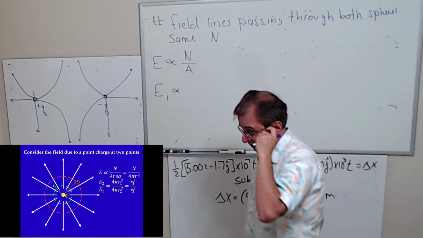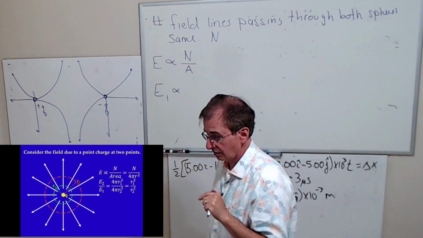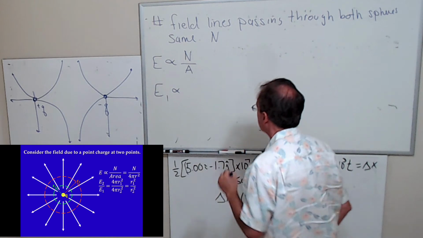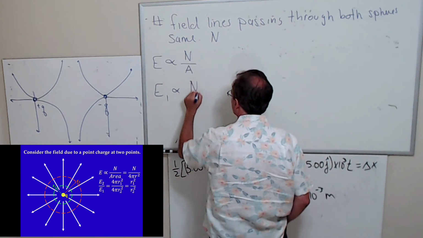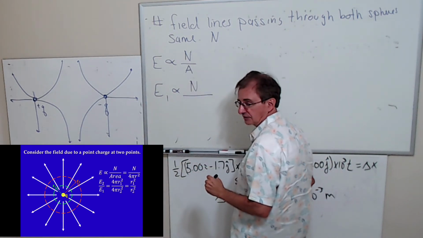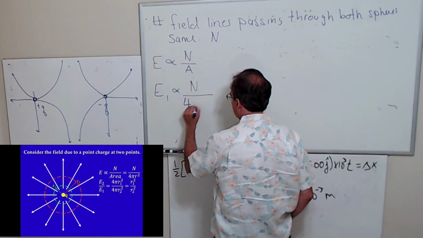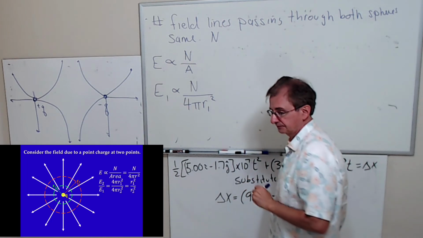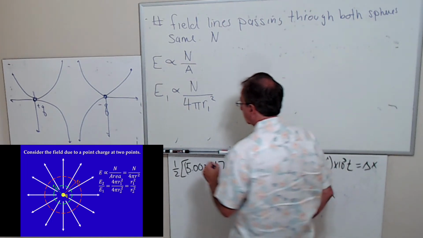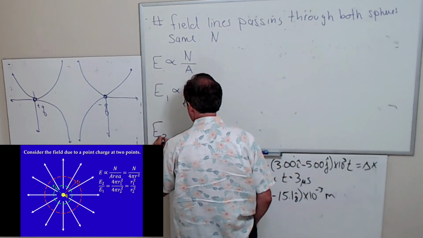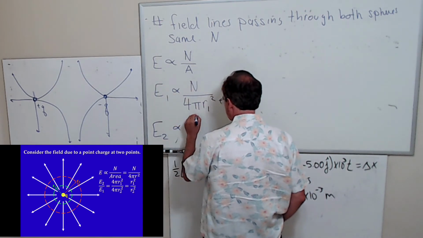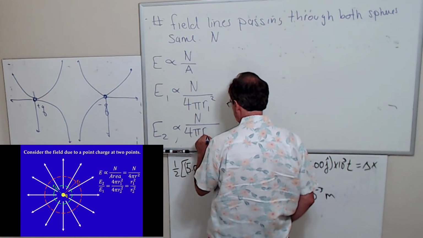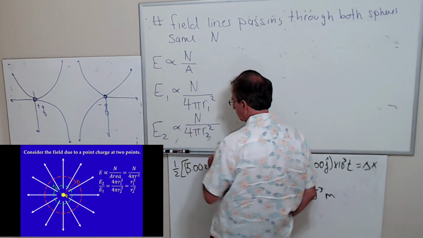Remember, since we have a point charge, the field anywhere along that green surface is the same. And we know that it's going to be n over the area of that sphere, which is 4 pi R1 squared. Similarly, the electric field at location 2 is equal to the number of lines per unit area on the surface of radius R2.